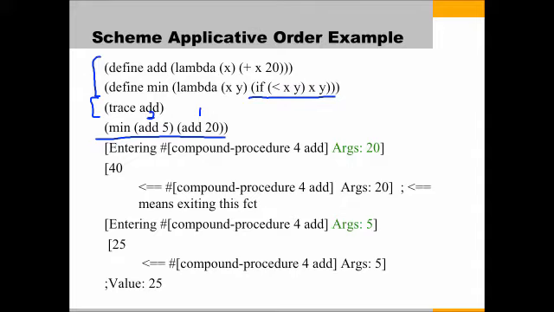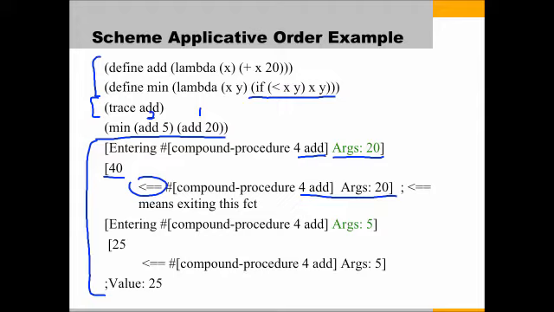This is the trace I actually got when I entered this code into Scheme. You can see that the first thing that happens is it enters procedure add with the argument 20, and it produces a result of 40. The less than equal sign there indicates we're now exiting the procedure, and it shows you the arguments so that if there are multiple invocations that are live, you have some idea of which invocation is exiting.